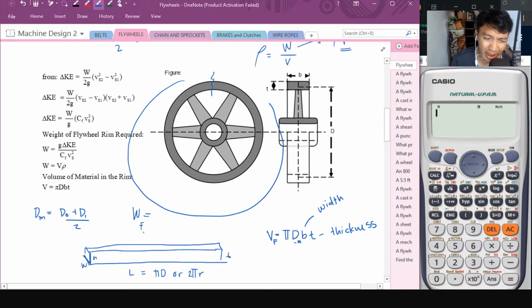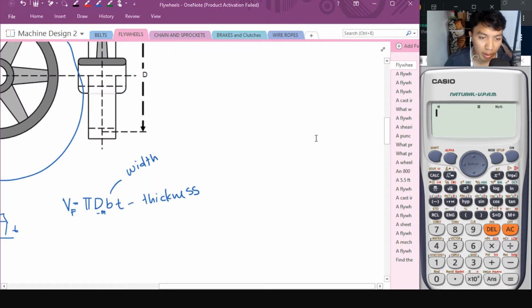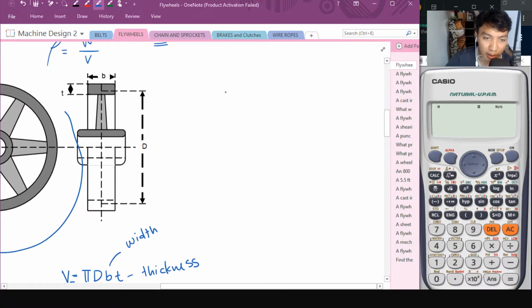Now, you can get the value for the weight of the flywheel by using this formula, equal to density multiplied by VF. Let's expound. The weight of the flywheel is equal to the density of the material multiplied by the volume of the flywheel.